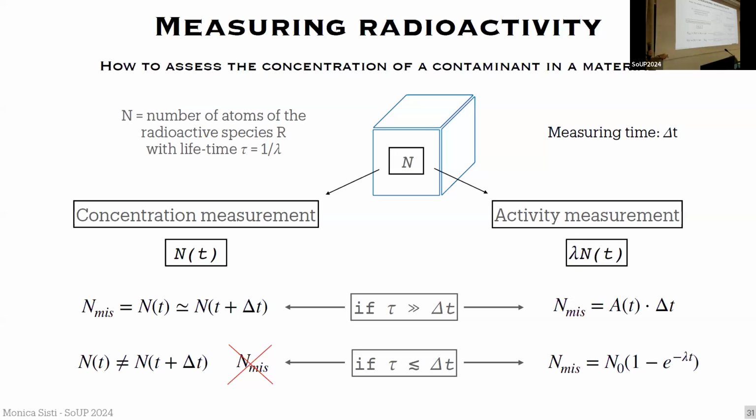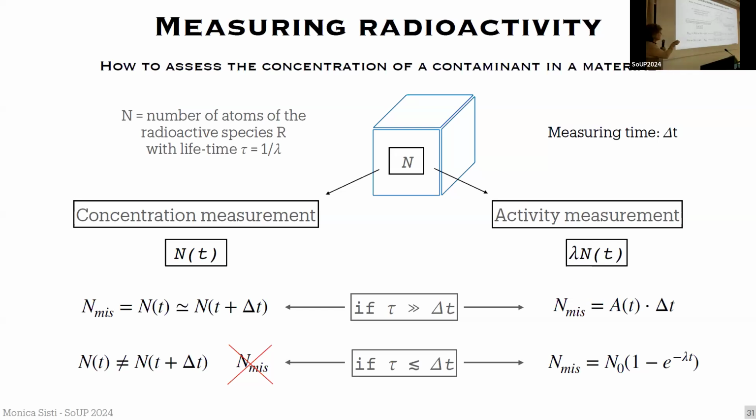The point is that you have to know the half-life of the nuclide you are interested in. If this half-life is very long, much longer than your measuring time, then you can perform equally well with a concentration measurement.